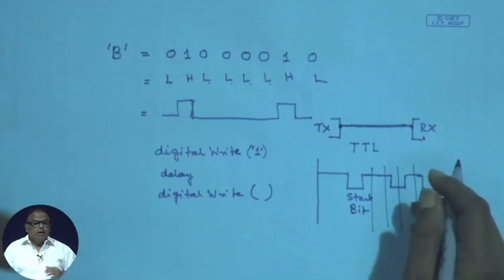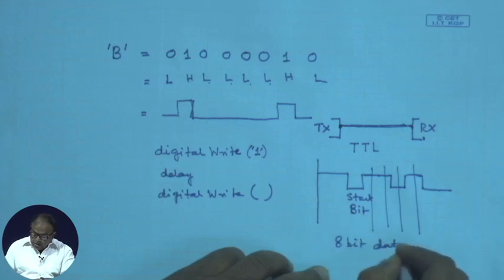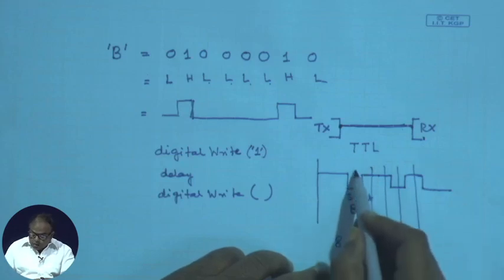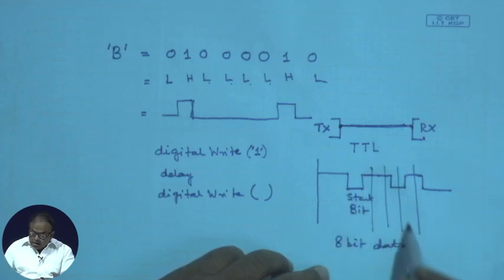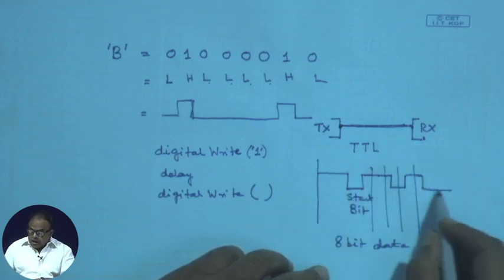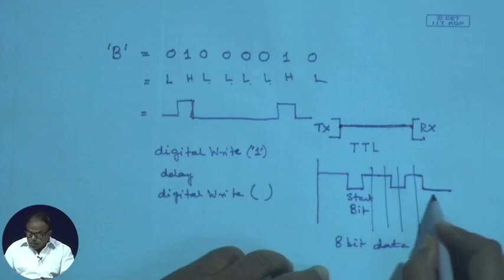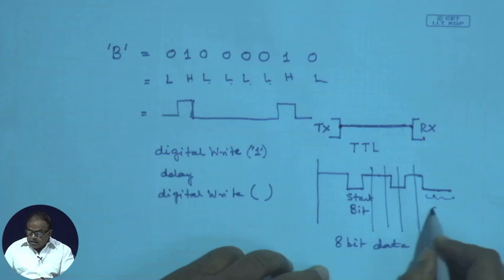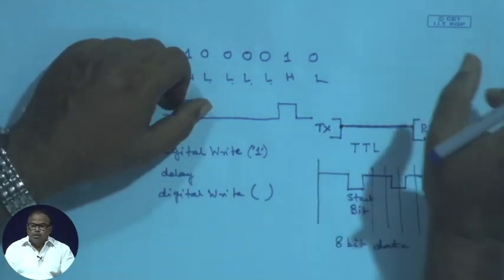Usually, we know that it is 8 bit data, so I will wait for the start bit, and after the start bit I will sample it 8 times, and after that I am expecting 2 stop bits, and with those 2 stop bits I can say that that particular packet is over.